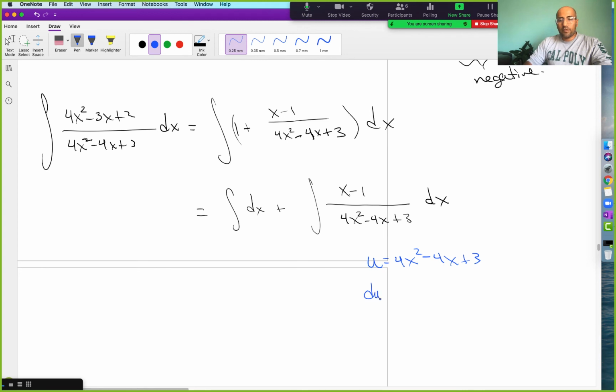Therefore du/dx is going to be equal to 8x minus 4, and so du is going to be equal to 8x minus 4 times dx.